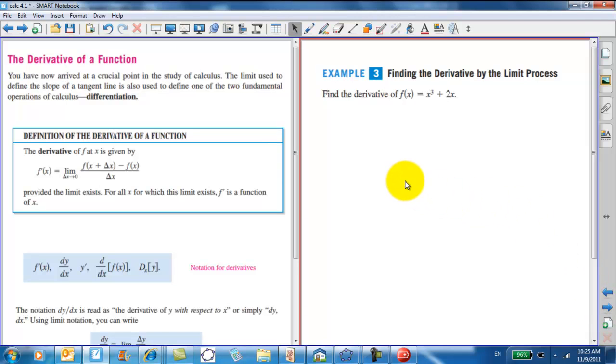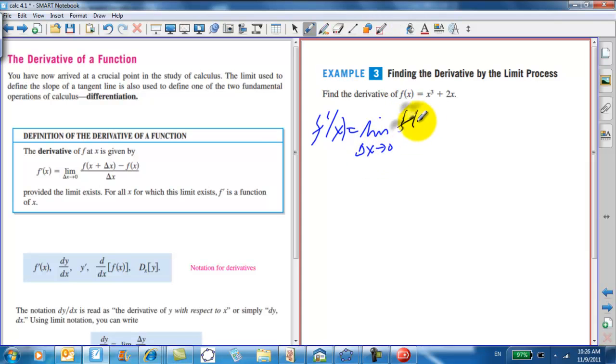Now, let's find the derivative by the limit process of f of x equals x cubed plus 2x. It's a cubic, so just like we saw in our other example on GeoGebra, we expect to get a parabola. So for the derivative, f prime of x will equal the limit as delta x goes to 0 of f of x plus delta x minus f of x, all over delta x.